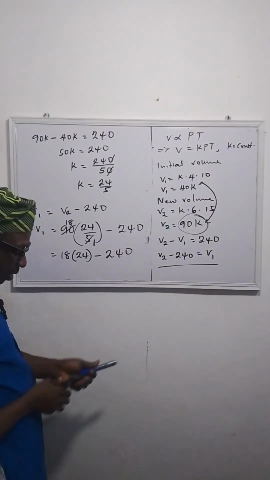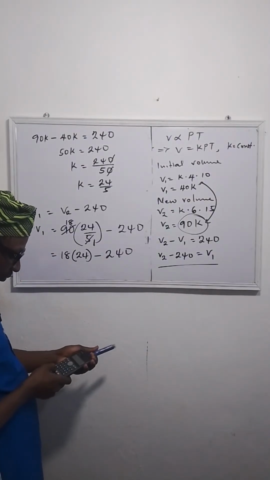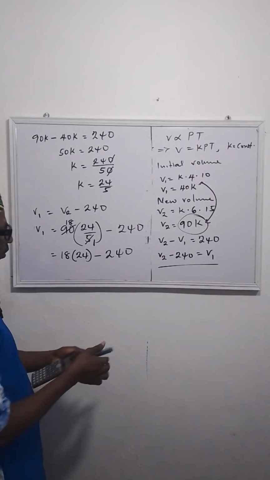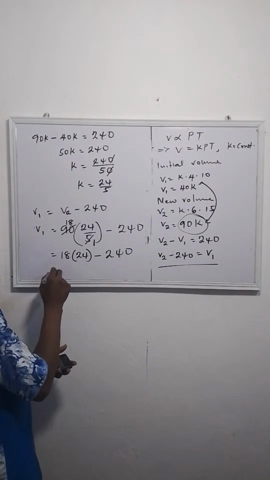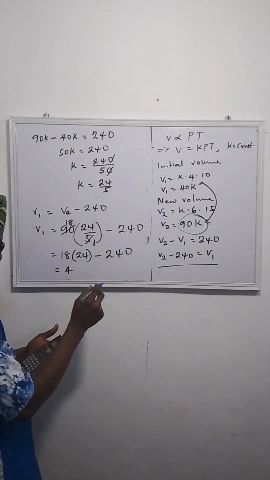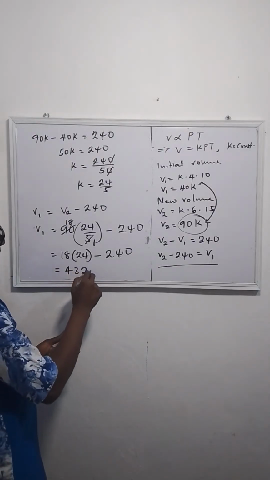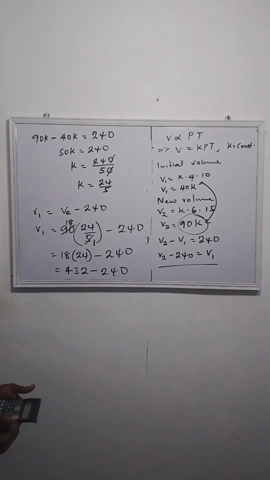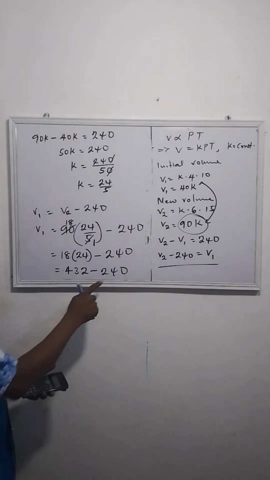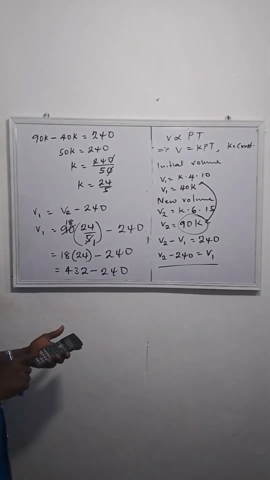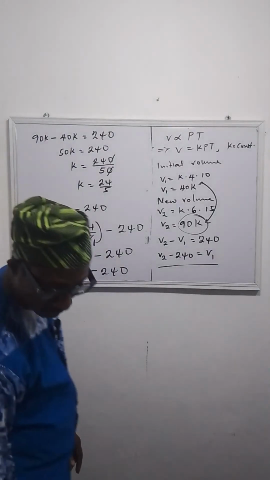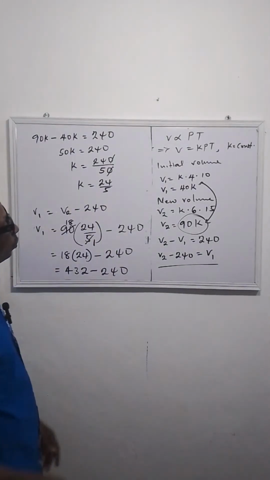So when we do that, what do we have? We have 432 minus 240. When you subtract, you have 192.